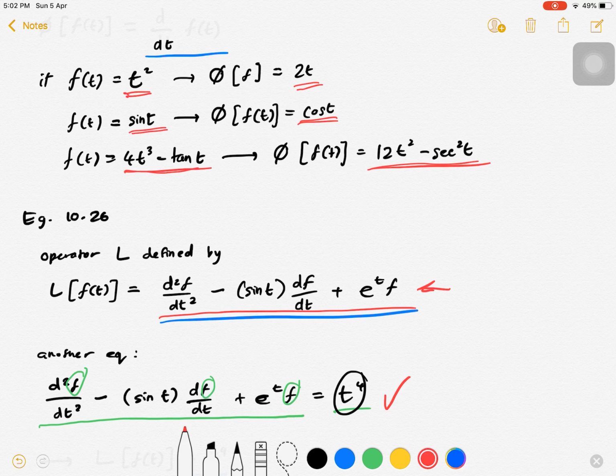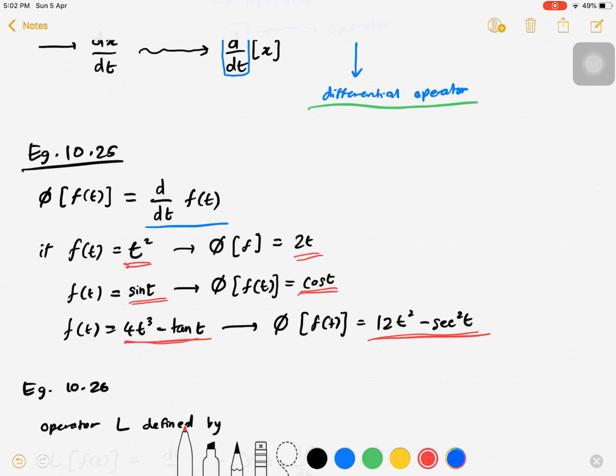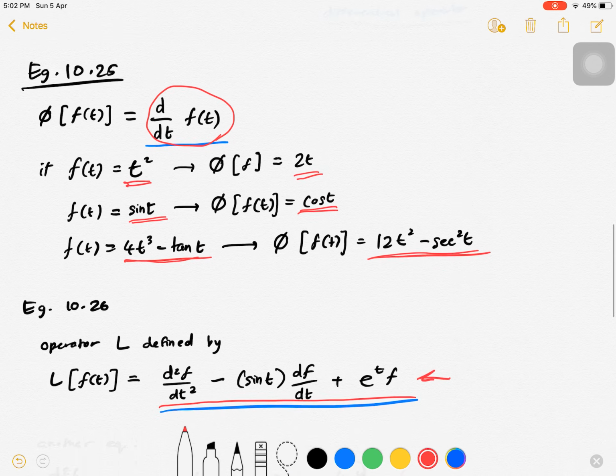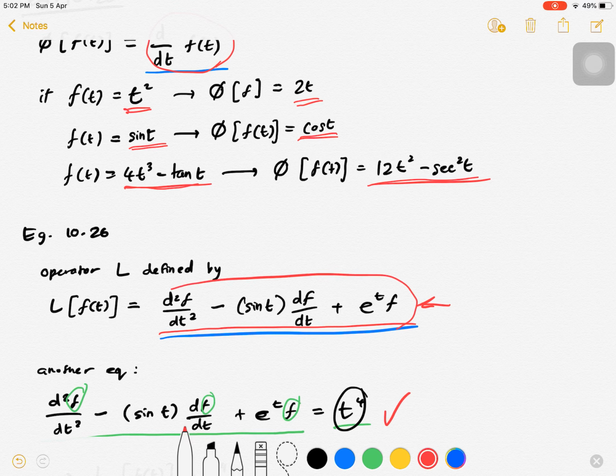So again, this one is an example of a simple differential operator, and this one an example of a complex differential operator. So even though we have so many derivatives or differentials, and even the second order of derivative, we still can consider all of this as one operator. Okay.